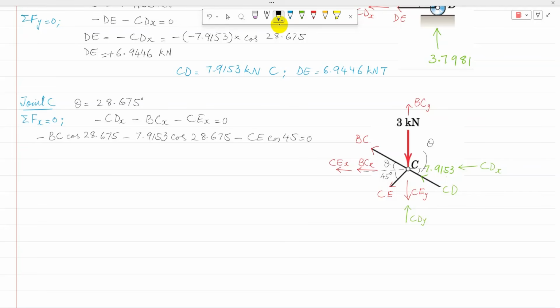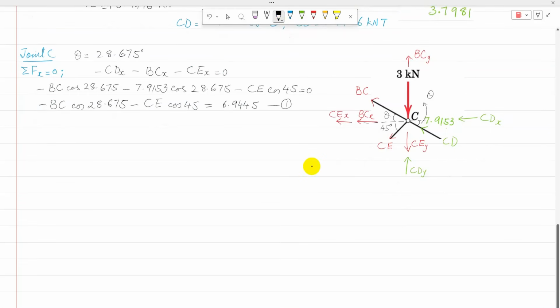So BCX is minus BC cosine 28.675 because BC makes an angle theta, and CD is 7.9153 times cosine 28.675 because that angle is with the horizontal, and then CE makes an angle 45, so that is minus CE cosine 45 is equal to 0. So this can be rearranged further. It is BC cosine 28.675 minus CE cosine 45, and then all that term will go to the other side and become positive.